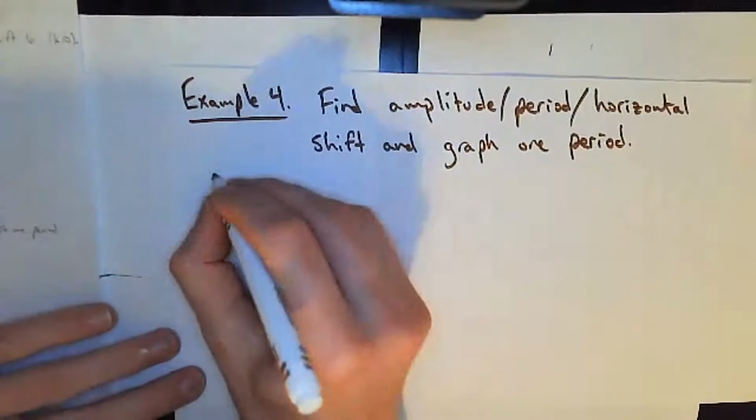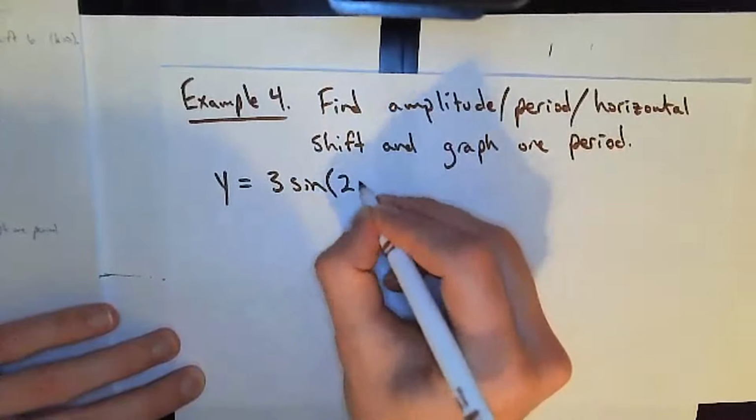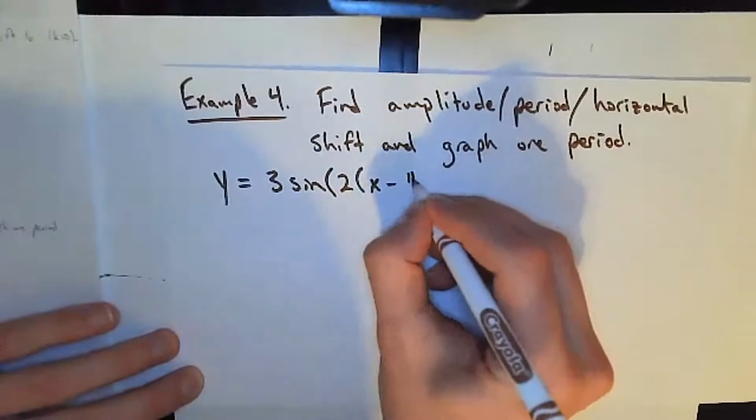Oh, got to write the function. Here it is. Y is equal to 3 sine of 2 times x minus pi on 4.